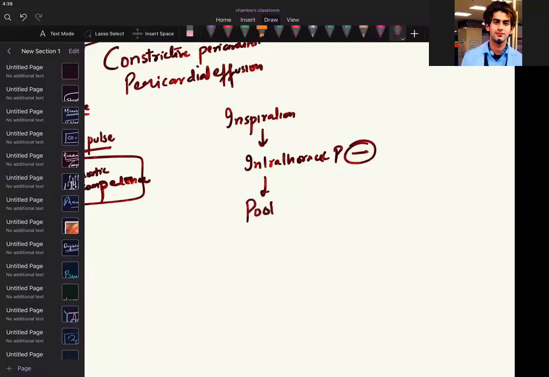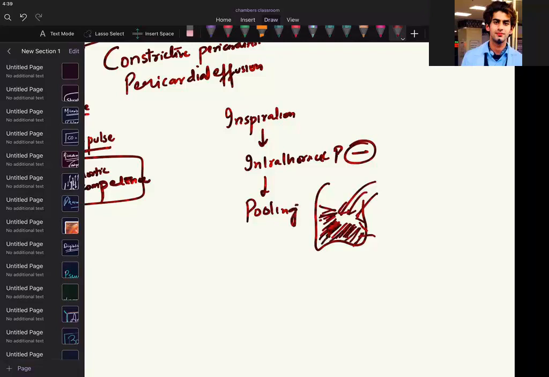Pooling of blood. See, this is your lung. I should make the lung like this. You have vasculature, isn't it? This vasculature is getting more blood. So during inspiration, you are making the intrathoracic pressure more negative, so you are pooling the blood.